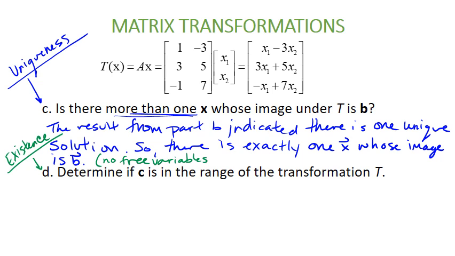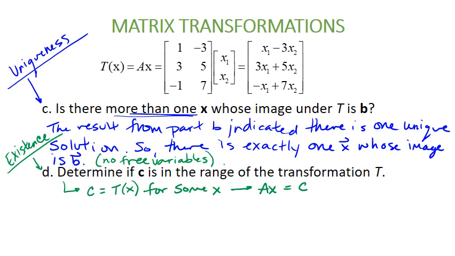That might be helpful to know. Okay, sorry about that. Part D. So this is what part D is asking. We want to find out if C equals T(x) for some x. In other words, we want to see if Ax is equal to C.